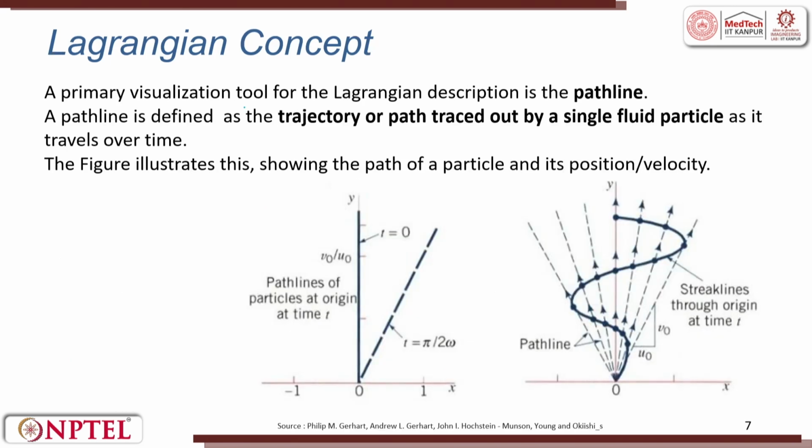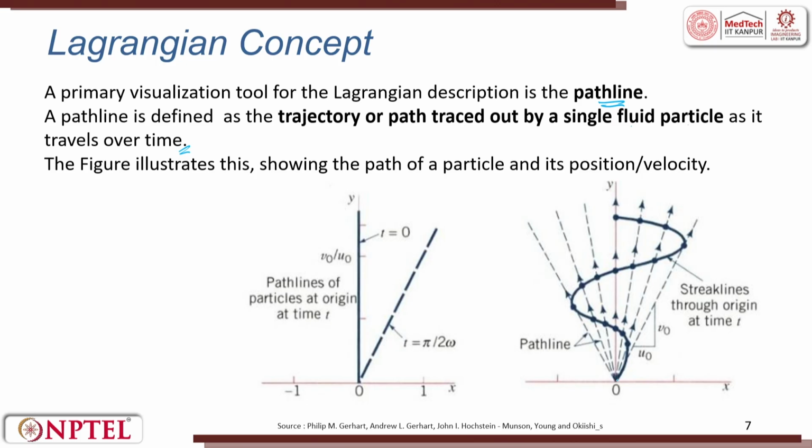A primary visualization tool for the Lagrangian description is the path lines. So, this is why path lines are very important. A path line is defined as a trajectory, or a path traced out by a single fluid particle as it travels over a period of time.